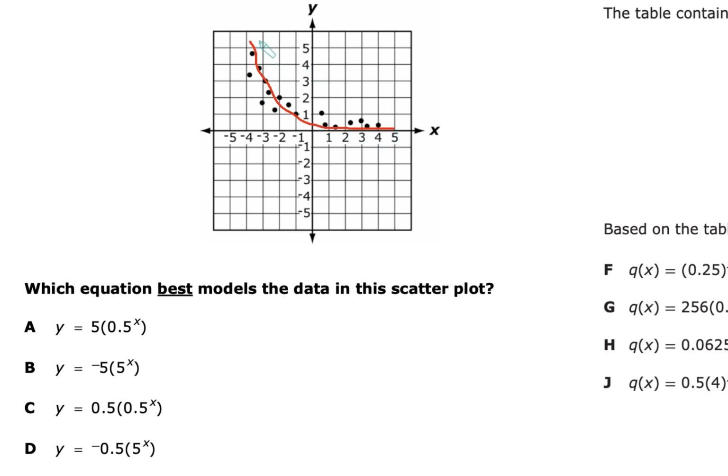Remember, when you're reading a graph, you read from left to right. Or think of yourself walking down your graph. Now, you're going down, you're not going up. So you're decreasing, which means that your growth factor has to be less than 1.